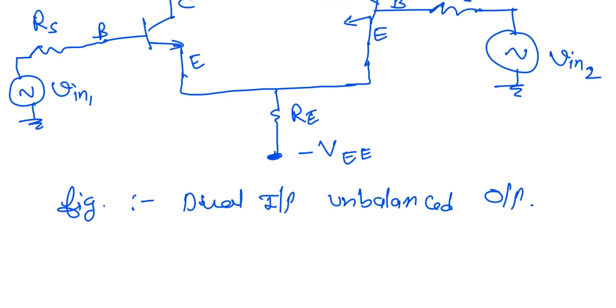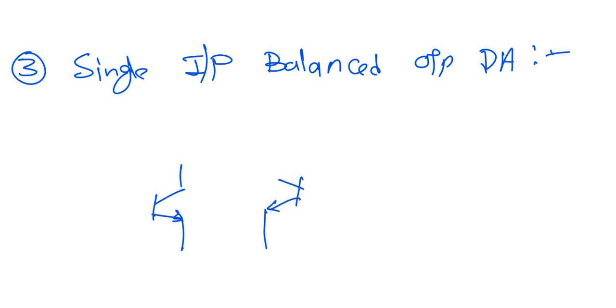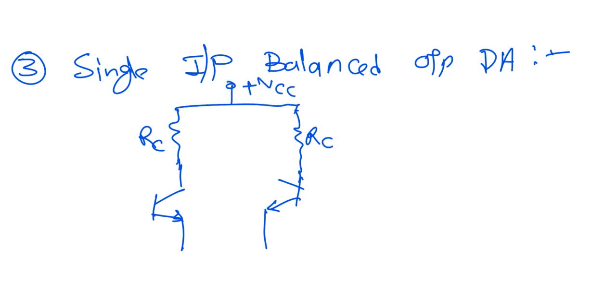Now the third configuration is, the rest of the configurations you can easily draw, single input balanced output differential amplifier. So take two NPN transistors, resistance RC, the RC resistance is connected to plus VCC, then source resistance RS.